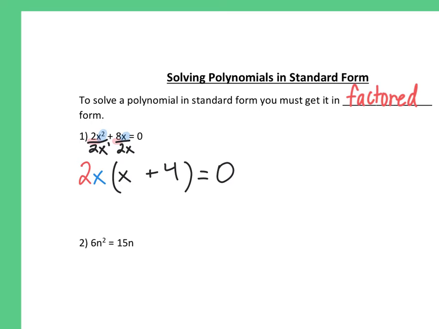Now does this look like what we just did? Yes. It sure does. What's my first term? 2x, set that equal to 0. What's my second term? Set that equal to 0.